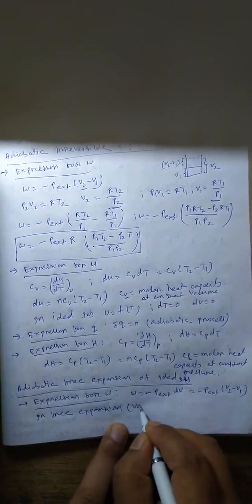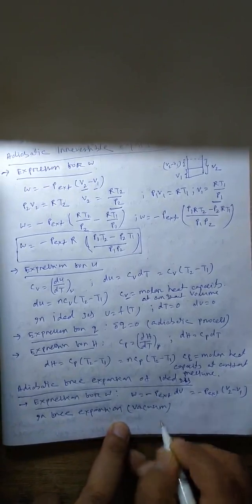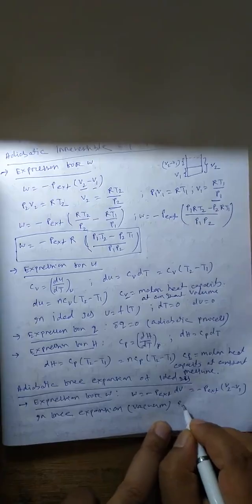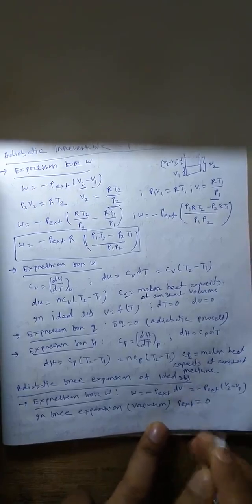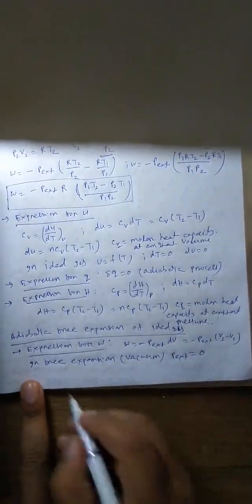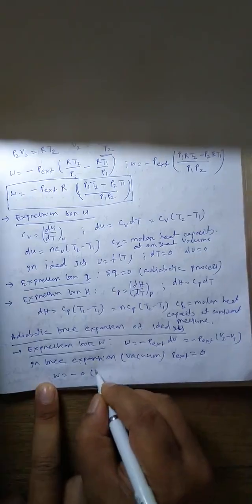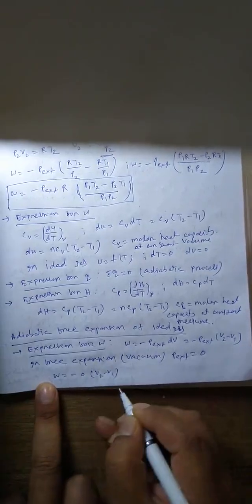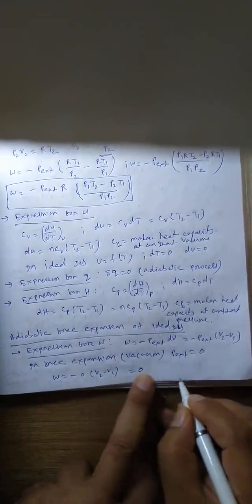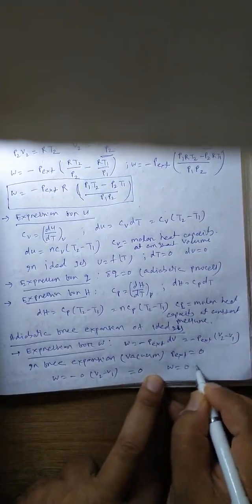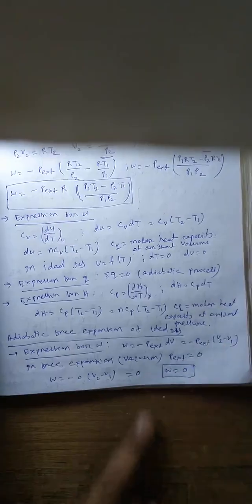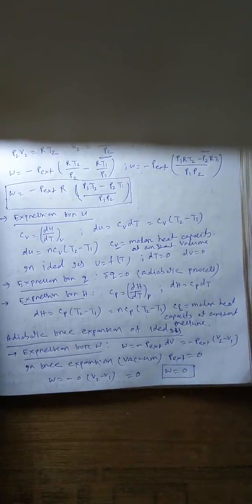In free expansion, or vacuum, P external is equal to 0. So W is equal to minus 0 into (V2 minus V1). 0 times something means 0. So W is equal to 0 for free expansion, adiabatic free expansion.